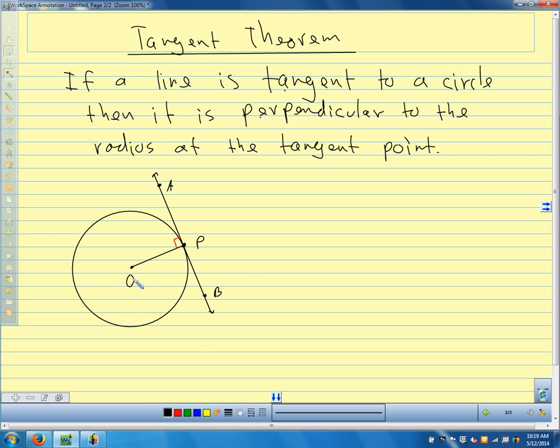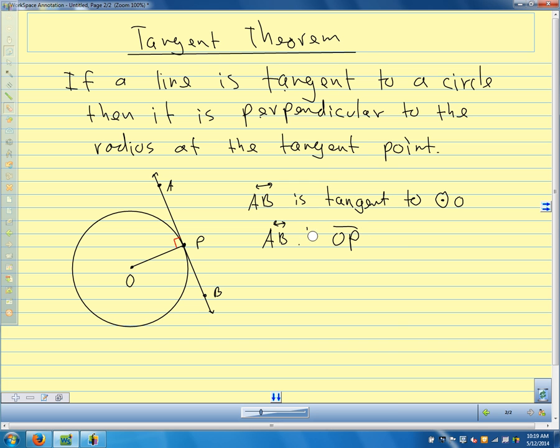Call that point O. So line AB is tangent to the circle O. That tells us that line AB is perpendicular to segment OP. So we have a 90-degree angle there.